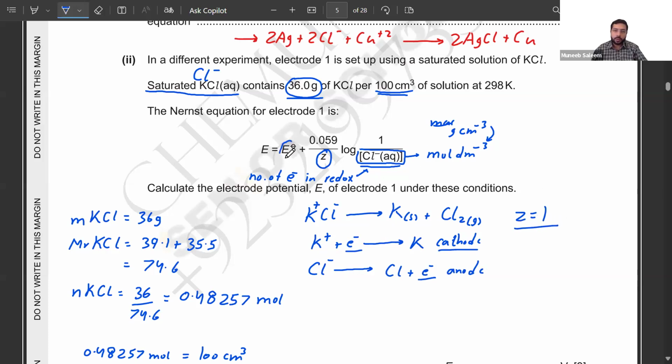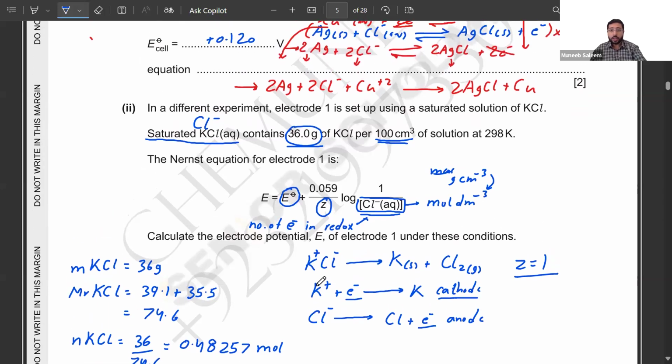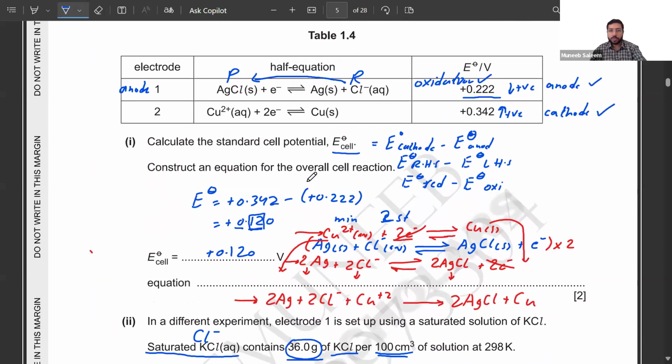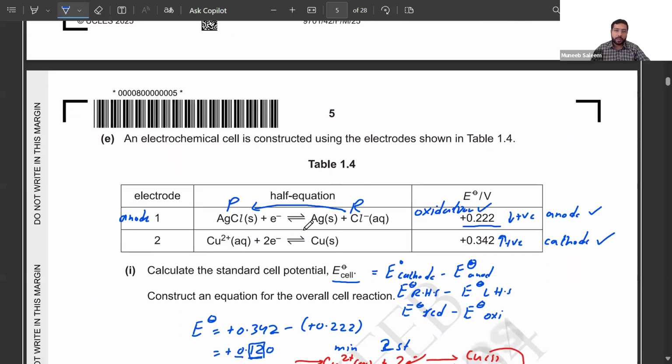Now we are left with the value of E naught. E naught is basically the standard potential. Now, if we go back to the previous question, we can see that in the previous experiment, AgCl was present, which means the metal part was different, but the Cl was still the same.